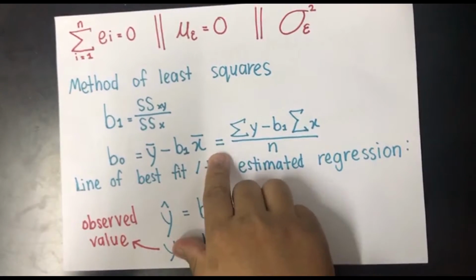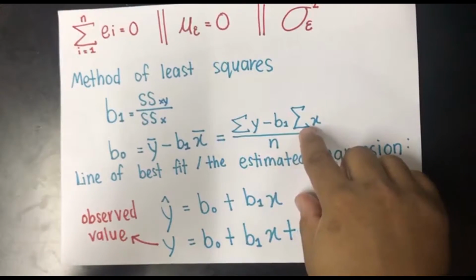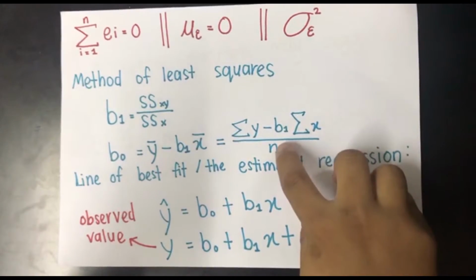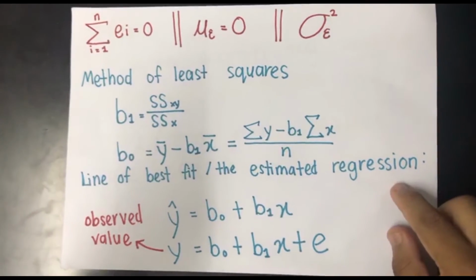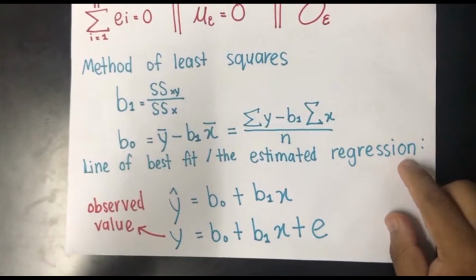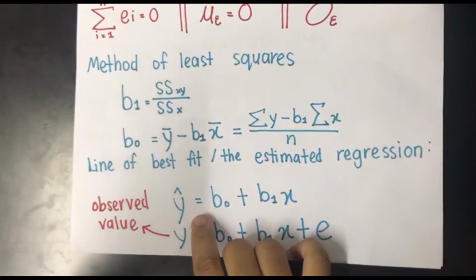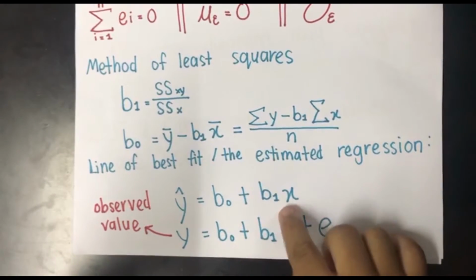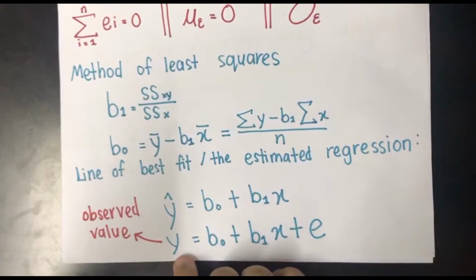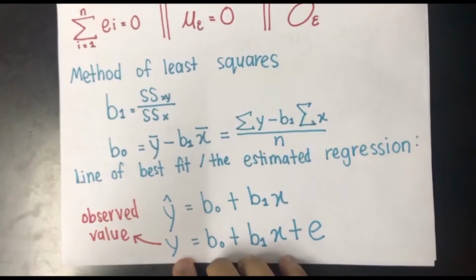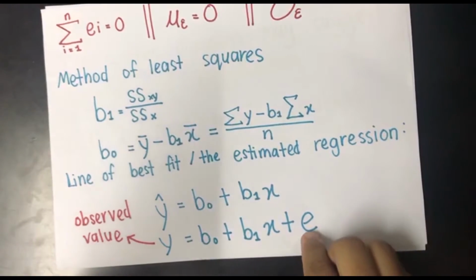Or to make you understand, the total sum of y minus B1 total sum of x divided by n. And the equation of line of best fit, or the estimated regression, is y hat is equal to B0 plus B1x, or observed value y is equal to B0 plus B1x plus E.